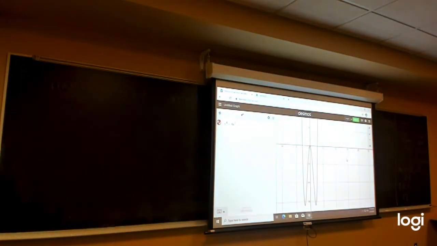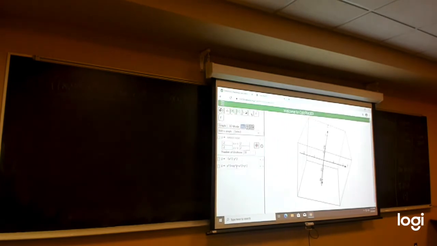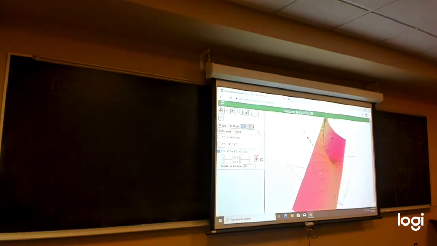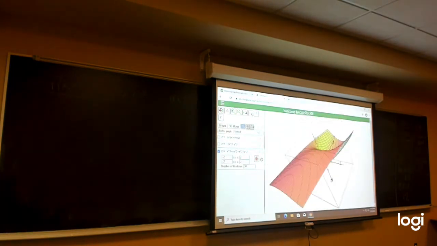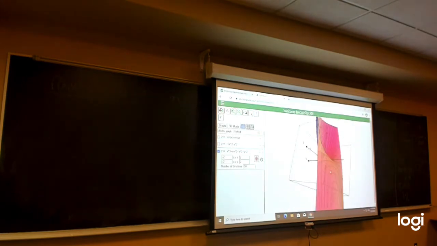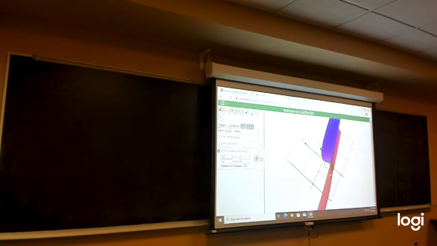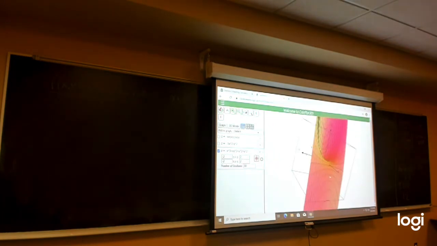So let's start off looking at f of x, y equals x cubed plus x y squared plus x squared plus y squared. So here is going to be a graph. Whoa. Here's a graph of what this looks like, where we plug in values for x and y, and the output of the function is the z value.